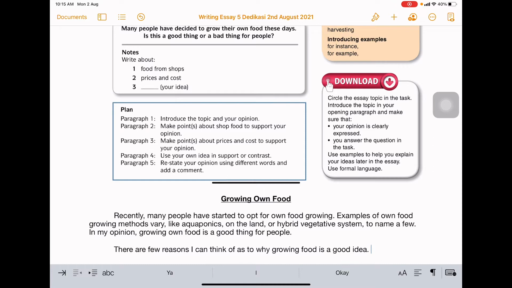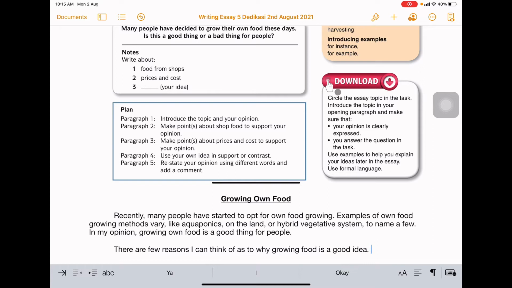You can just say a few reasons. So at least they will not see that you have many. And then we can continue with the first point.